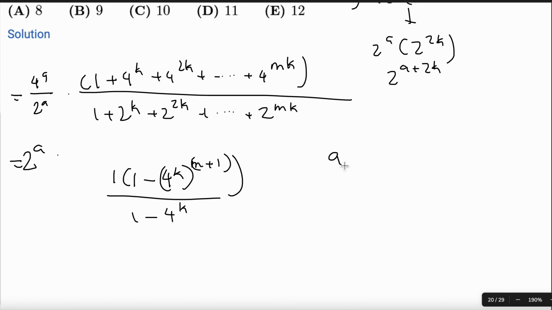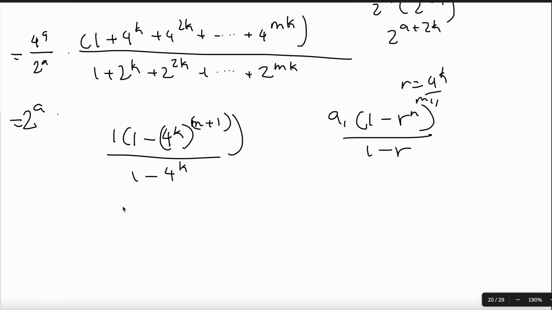The formula is a sub 1 times 1 minus r to the n over 1 minus r. And so r here is 4 to the k, n is m plus 1, because there's m of these 4 terms, but there's also one term in the front. And so there's minus r, because r is again 4 to the k. And so that's the numerator.